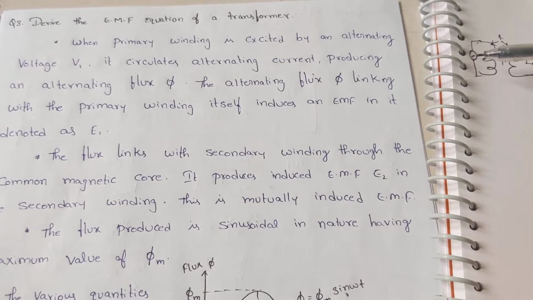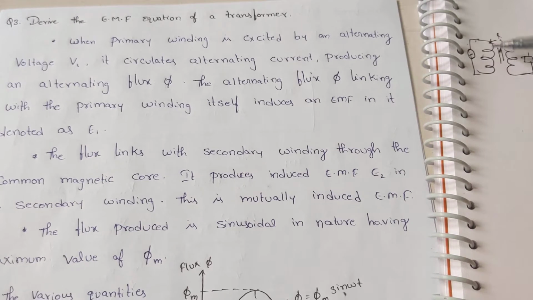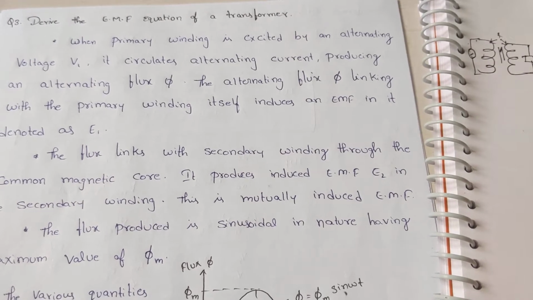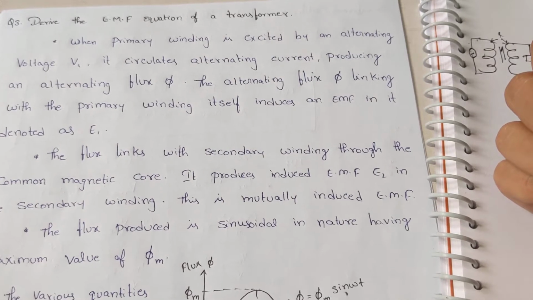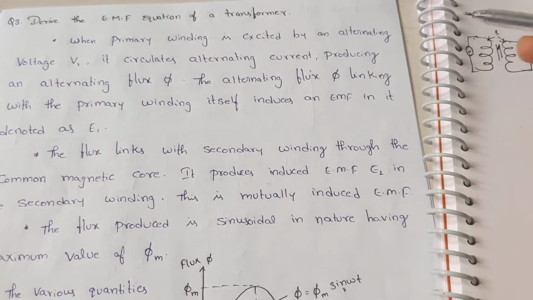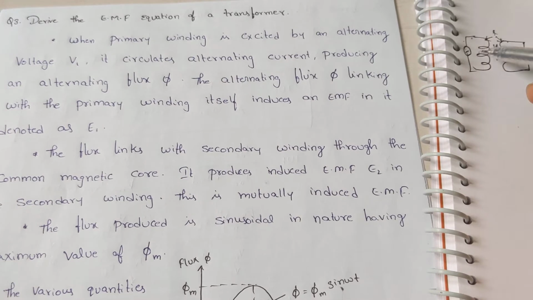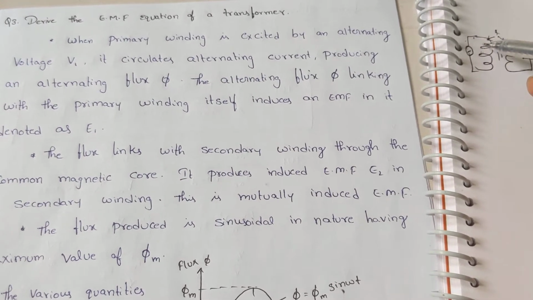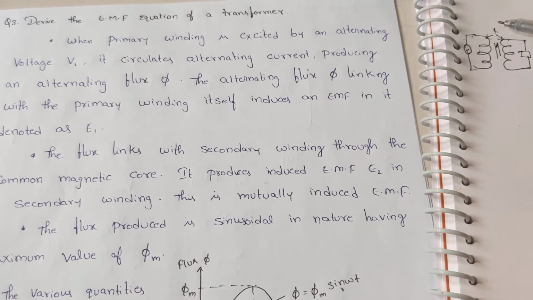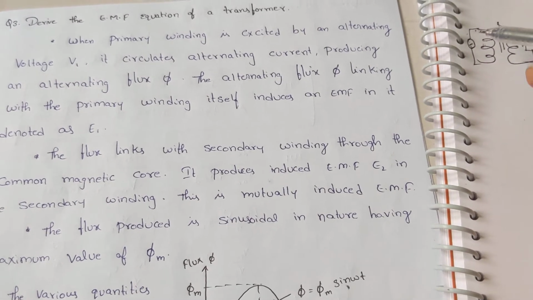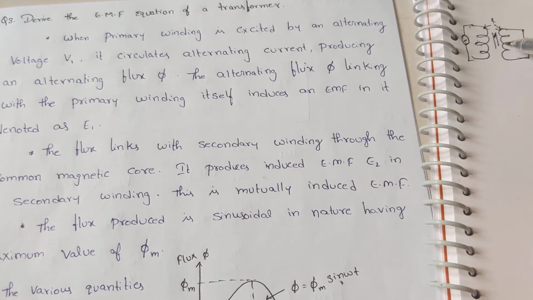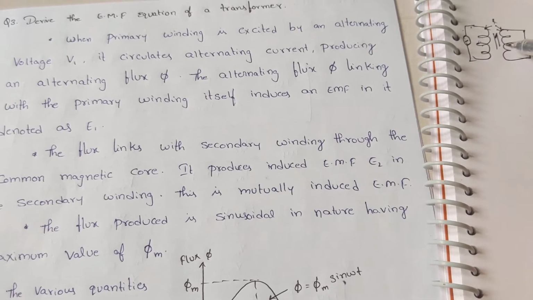Due to this current flowing in a coil, a flux is automatically generated in that coil. This flux will cut its own coil, which we call self-inductance, and if the same flux cuts the other coil, we call it mutual inductance.